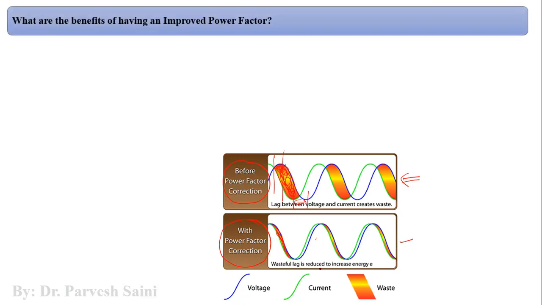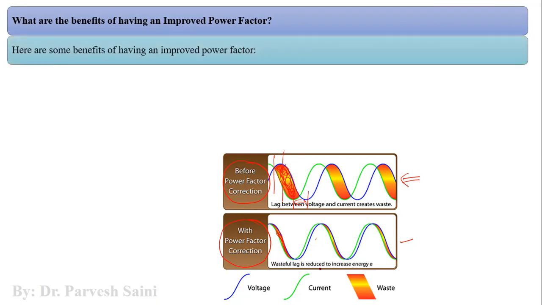So this is one benefit, the waste will reduce, and also the enhanced power factor will lead to a low requirement of current. Less current means less I square R effect, low voltage drop, high voltage regulation, small conductor size, small kV rating.